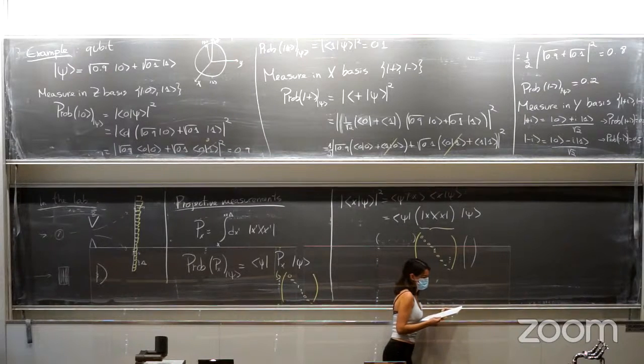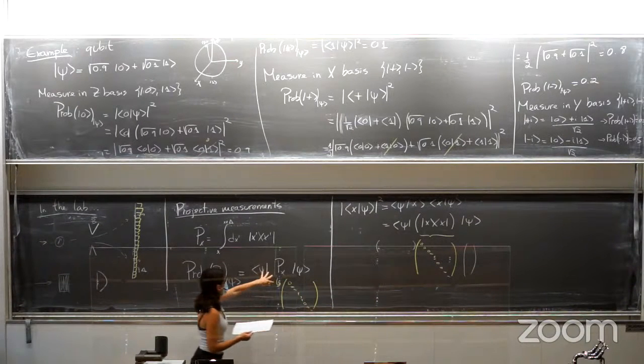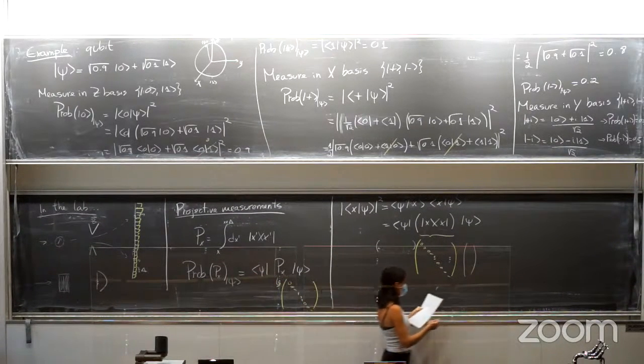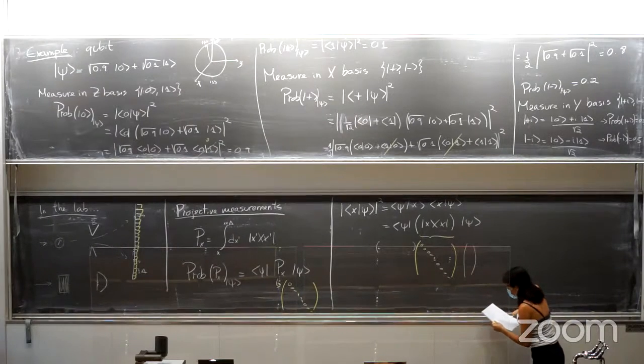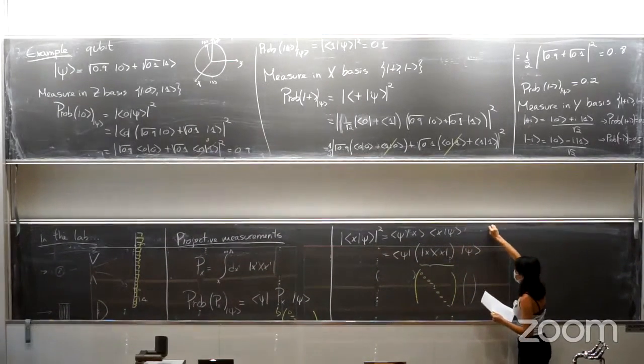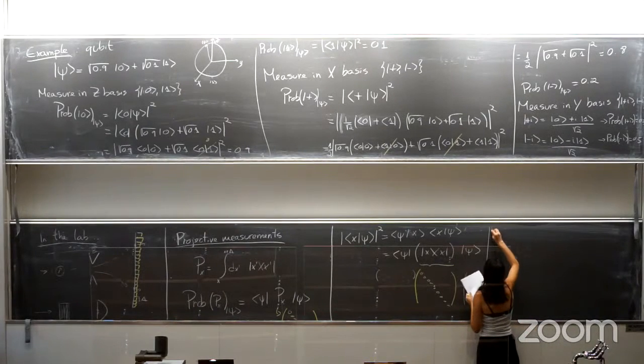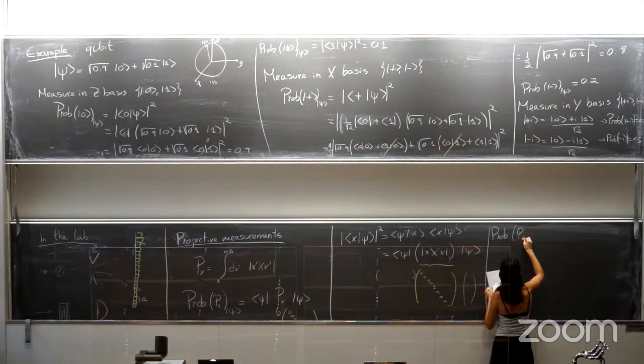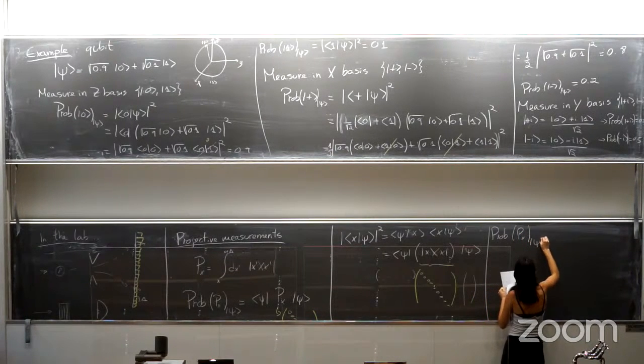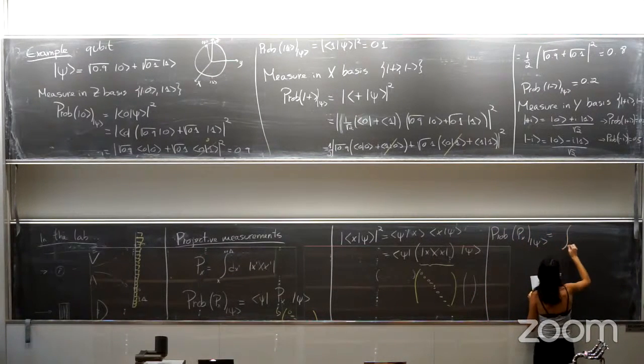Let me write this in a different way for the continuous case, and then we see where the distribution comes in. So in the continuous case, with that example that we saw, with that specific projector, from x to x plus delta, here comes the psi.